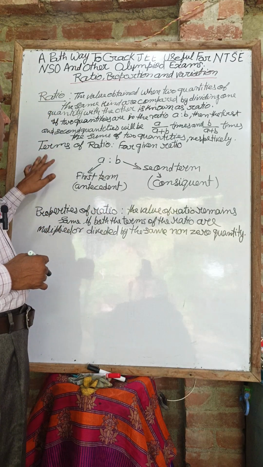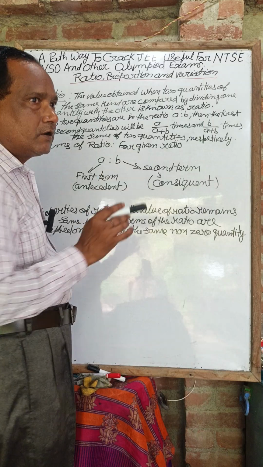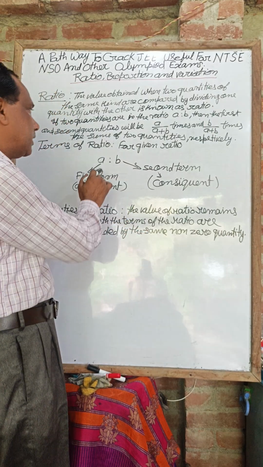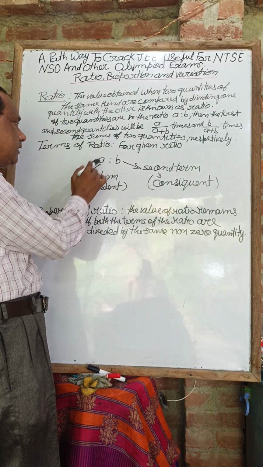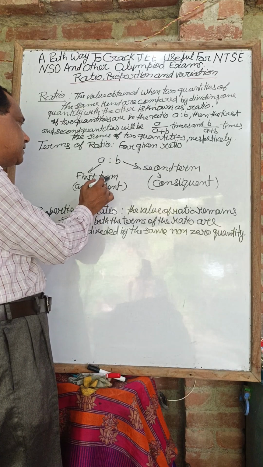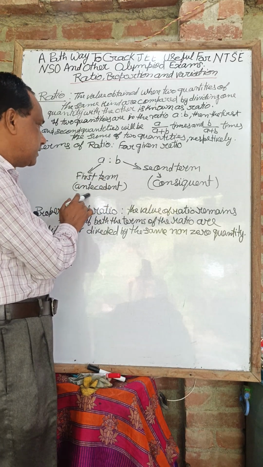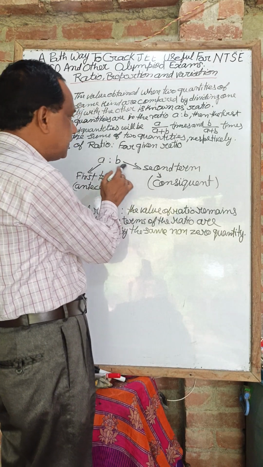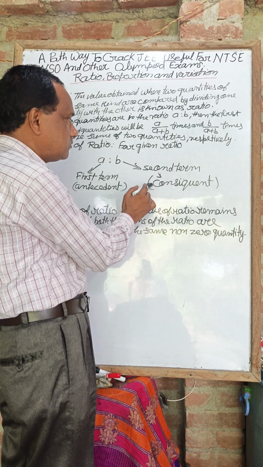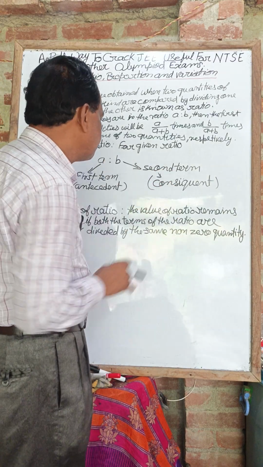Terms of a ratio: for a given ratio A is to B, A is the first term, also known as the antecedent, and B is the second term, also known as the consequent.